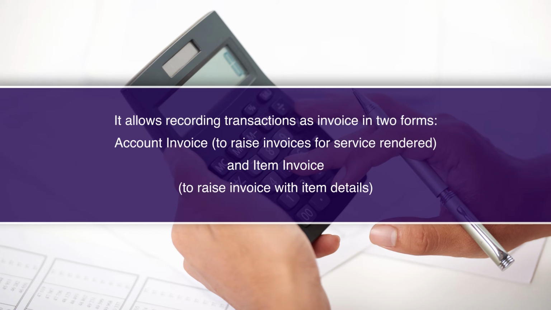The first one is the account invoice and the other one is the item invoice. As you can understand, an account invoice will help you raise invoices for services rendered, whereas an item invoice will help you raise invoices with item details. Details about the items can be given in the item invoices.